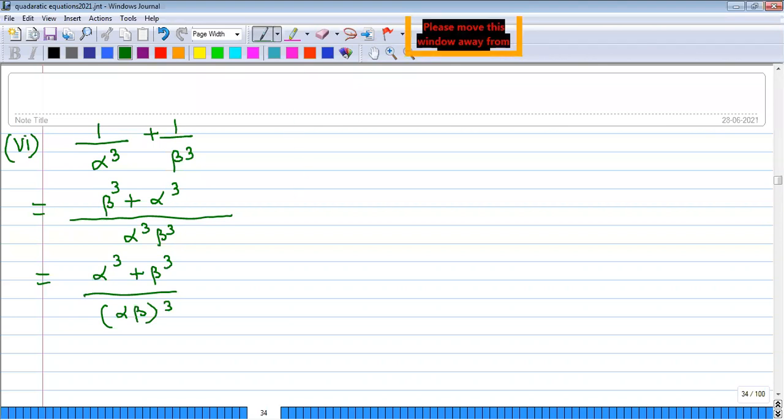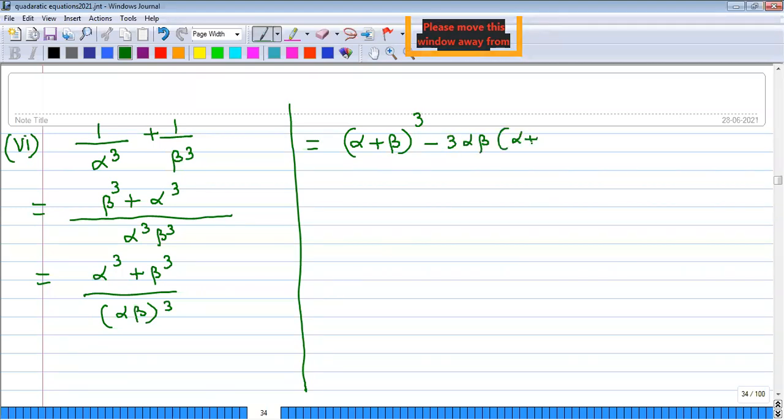Now alpha cube plus beta cube, we can write alpha plus beta whole cube minus 3 alpha beta into alpha plus beta, upon alpha beta whole cube.